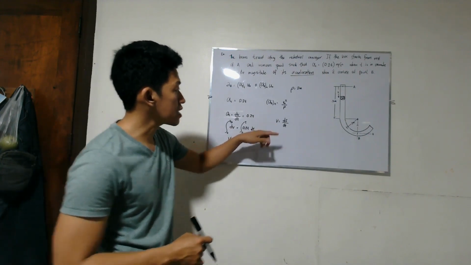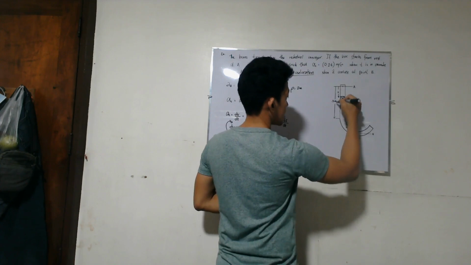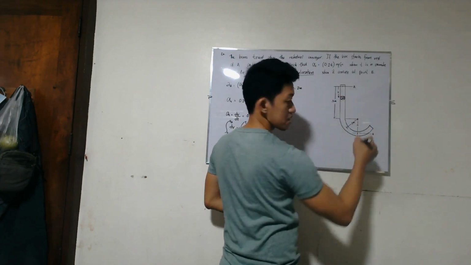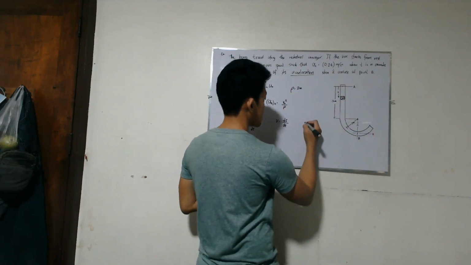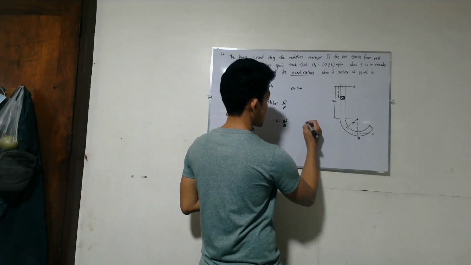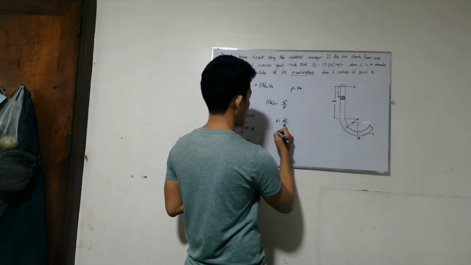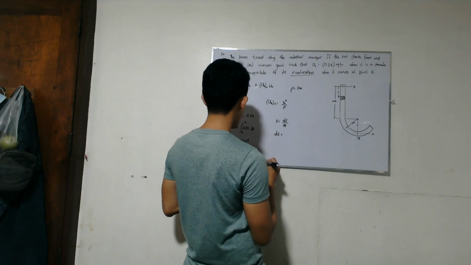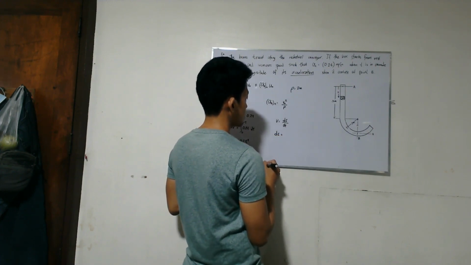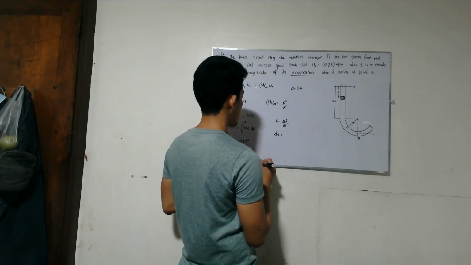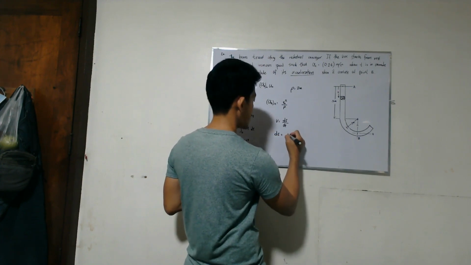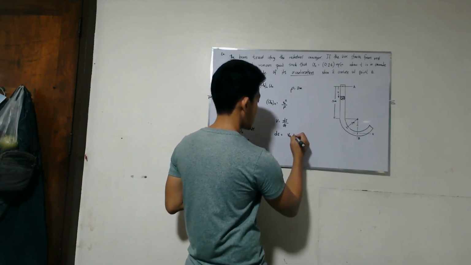Given tawag velocity, and also we are given the displacement. No? So the displacement is, okay, if we will evaluate this one, ds is just velocity of B dt.